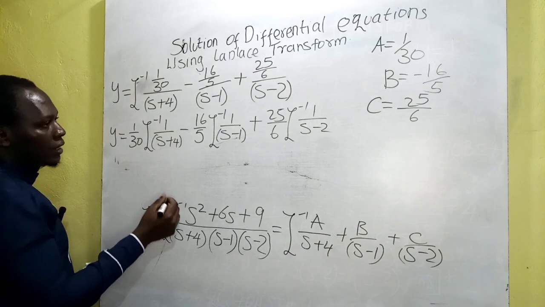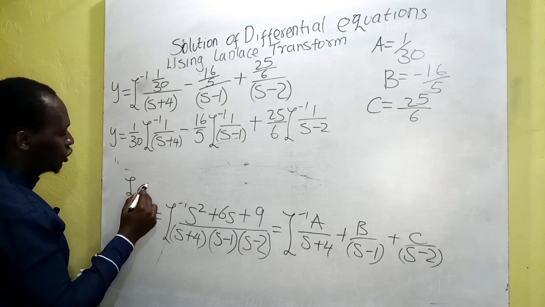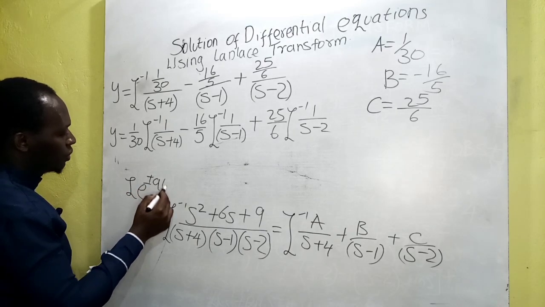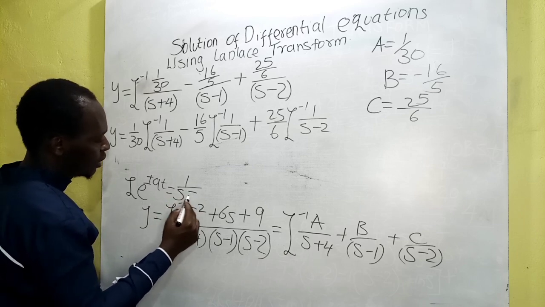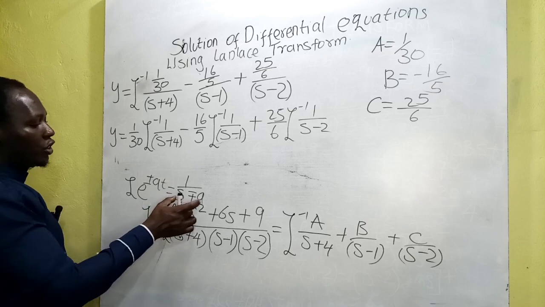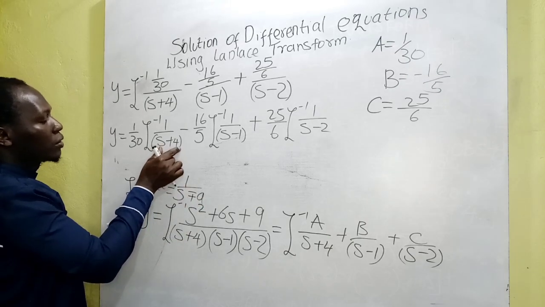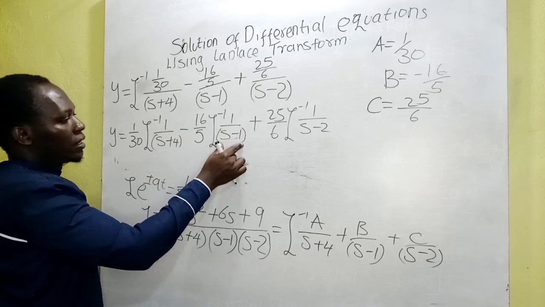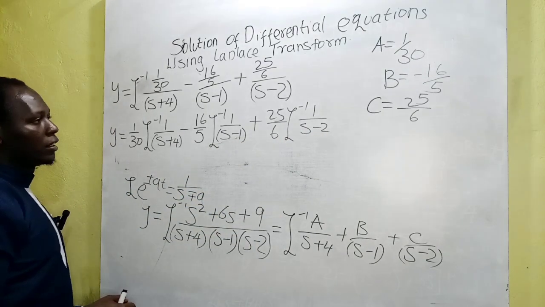We understand that the Laplace transform of exponential, positive or negative at, is equal to 1 all over s, negative or positive of a. When you check at whatever we are having here, you will find that it matches our first condition on the denominator, second condition on the denominator, and the third condition on the denominator.